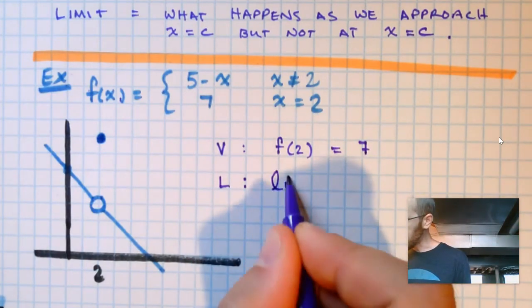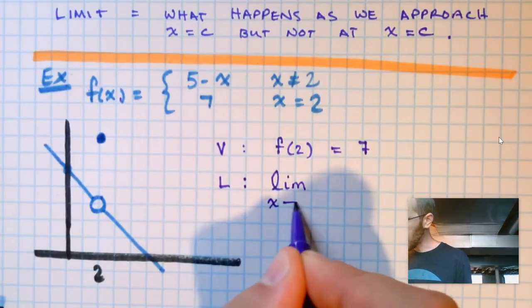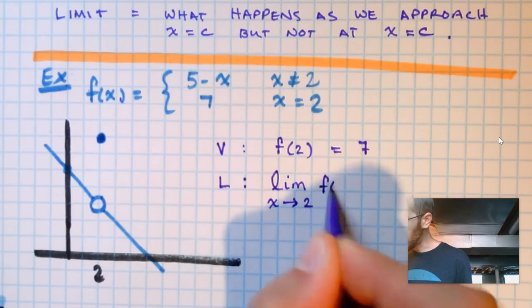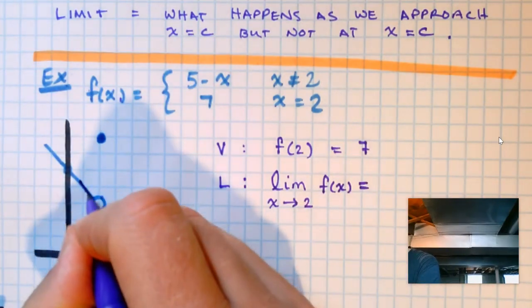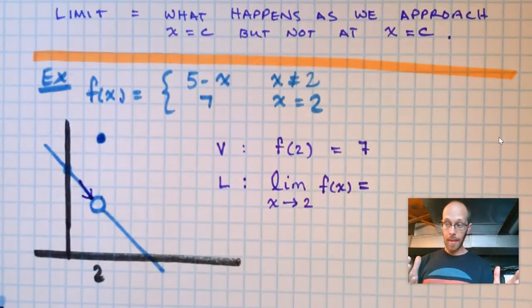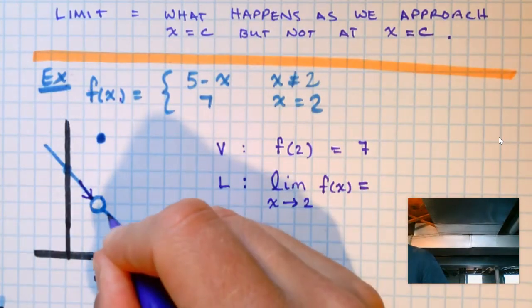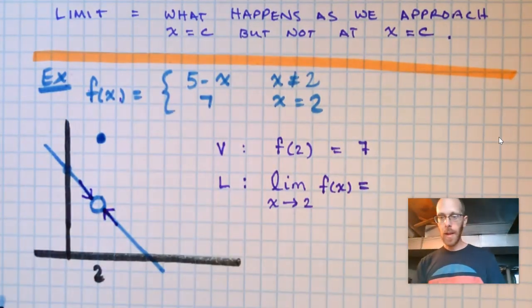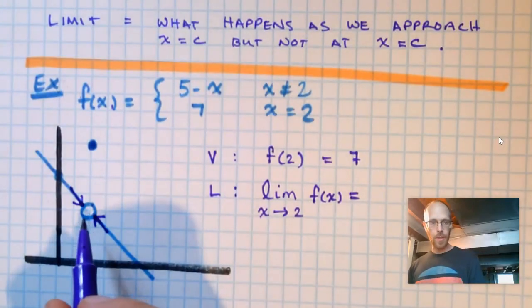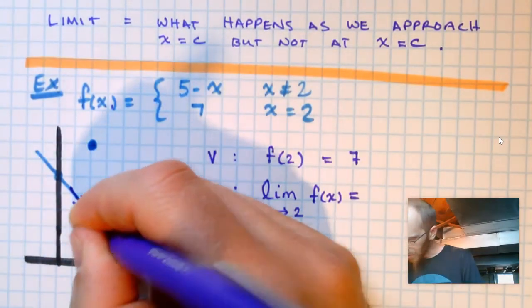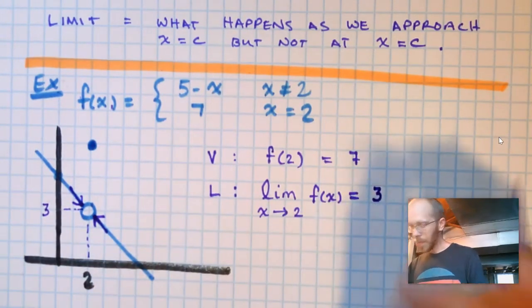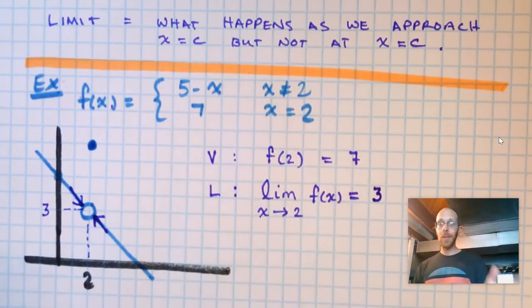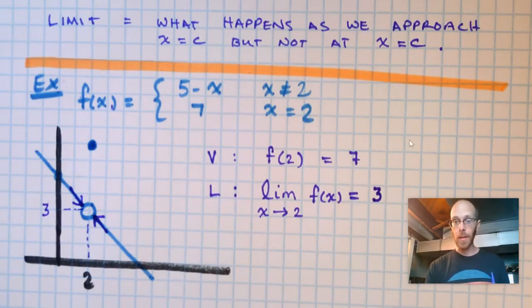Whereas if we were asked for the limit, we would say, well, the limit as x is approaching 2 of our function is whatever's happening as we get close to 2 over here and as we get close to 2 over here. What I see is that in both directions, this appears to be approaching 3. So the limit and the value, they are not the same.